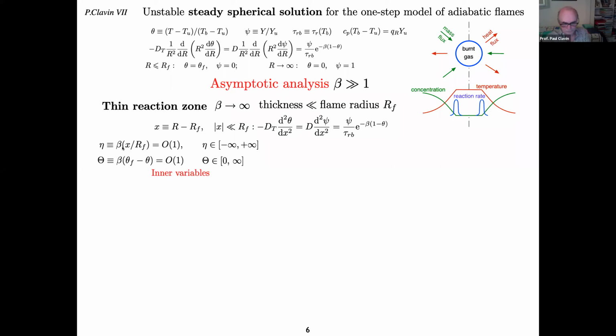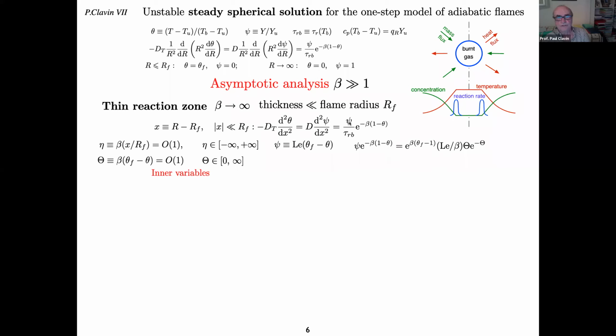So let's go ahead. Here is the expression. I have written here the expression of the reaction rate in terms of the reduced temperature. And what you see is that when you introduce the reduced temperature that varies from 0 to infinity in the reaction zone, the rate becomes only theta exponential minus theta.